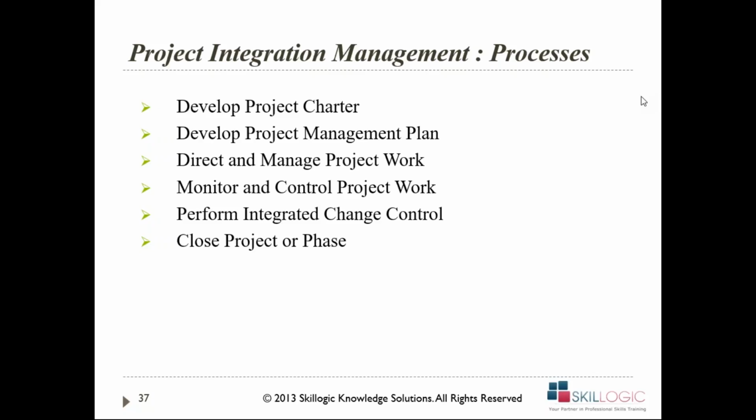In perform integrated change control, what do we do? Any change which happens in the project, any change once the plan document gets signed and the baseline is formed, any change to it has to go through change management process.